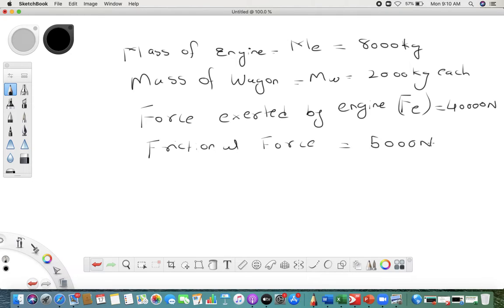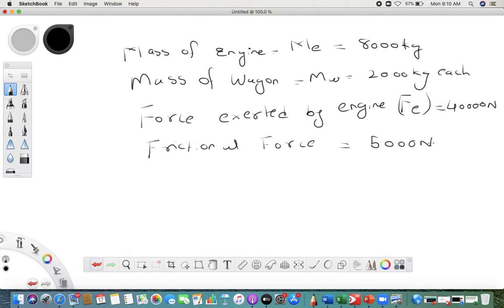Here, we don't need to find out the acceleration, right? Because the exerted force and the frictional force are opposite to each other. So when you just subtract them, that is where you get your answer.